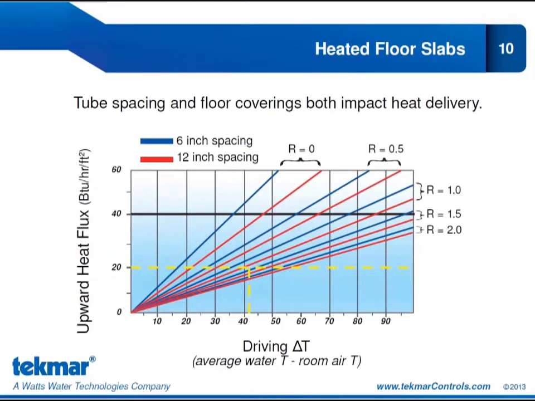So it's very important for designers to consider the upward heat flux and how it's going to change based on the R value and the tube spacing, and what impact that's going to have on the driving delta T. We want to make sure our entering load water temperatures are as low as possible, and that means to keep our spacing as close as possible and to keep our R values as low as possible.